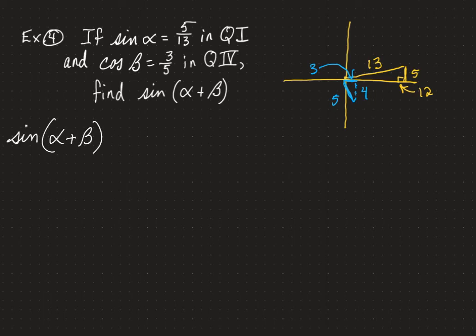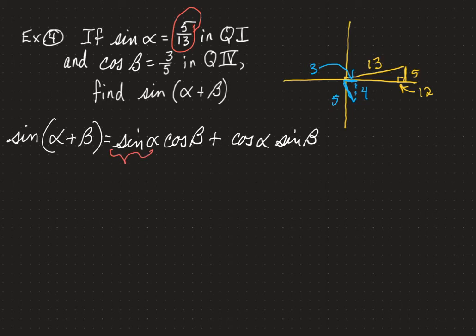We were asked to find the sine of alpha plus beta, so let's write out the formula first. That would be sine alpha cosine beta plus cosine alpha sine beta. And since sine of alpha equals 5/13, every place we see sine of alpha, we will put 5/13. Okay? Nothing else.